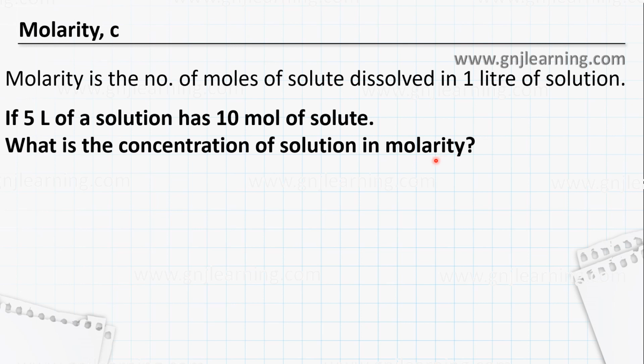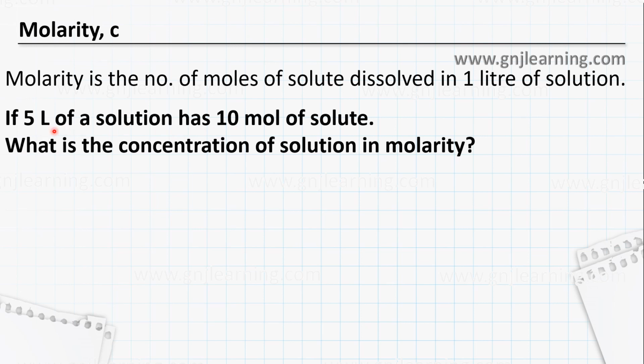So we know the definition of molarity. What is molarity? Molarity is number of moles of solute in how much solution? In 1 liter of solution. But what they have provided is the entire volume of solution, that is 5 liter, and the number of moles of solute in it. So what I have to do is find out how many moles of solute is present in 1 liter.